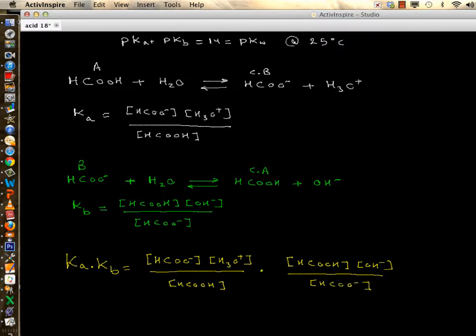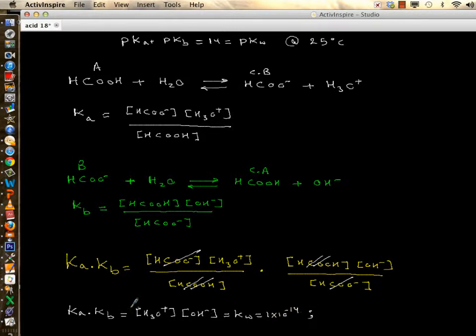Now some terms are going to be cancelled out. HCOO minus in this numerator goes away with this. HCOOH in this denominator goes with this one. What you're left with is Ka times Kb is nothing but product of hydronium multiplied by hydroxide, which is Kw, which is 1 times 10 to minus 14.